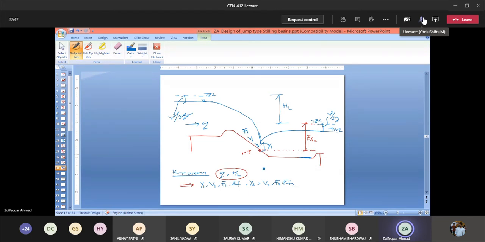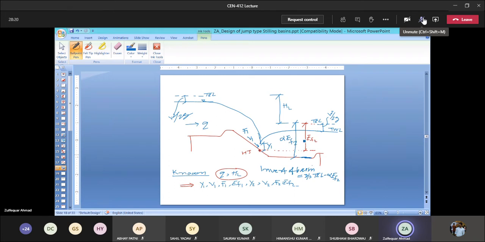Virtually, the invert level of the basin is equal to the downstream total energy line minus alpha times EF2. So this distance is alpha times EF2.